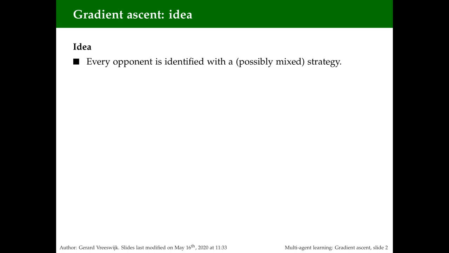The idea of gradient ascent is that every opponent is identified with a possibly mixed strategy. Perhaps you observe the opponent's actions and translate these observations into a possibly mixed strategy.